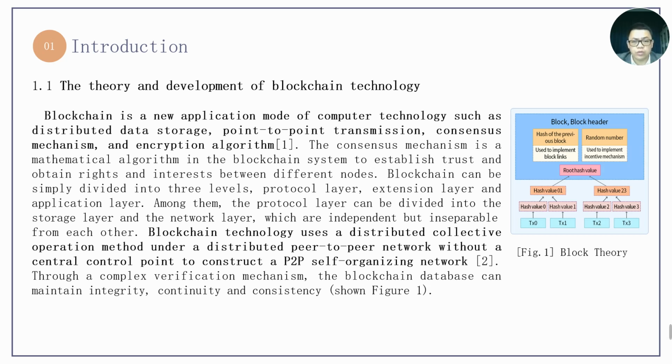Blockchain technology uses a distributed collective operation method and a distributed peer-to-peer network without a central control point to construct a P2P self-organized network. As we can see, figure 1 is block theory like a Merkle tree.